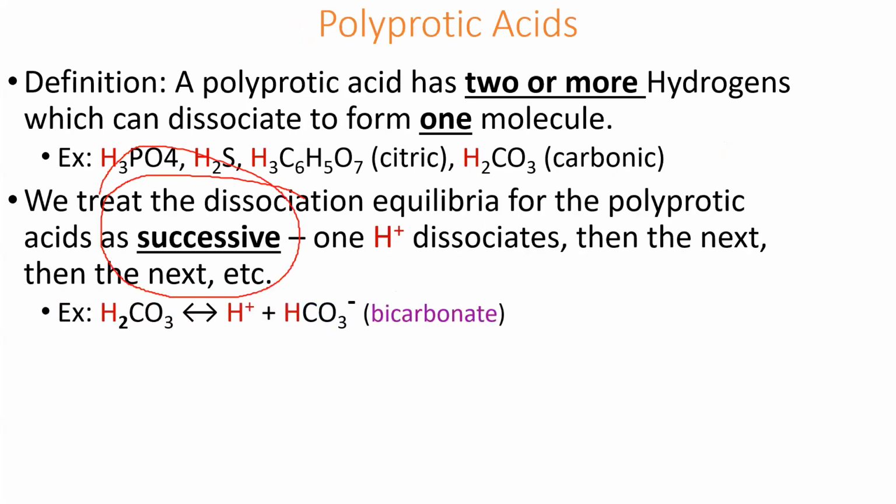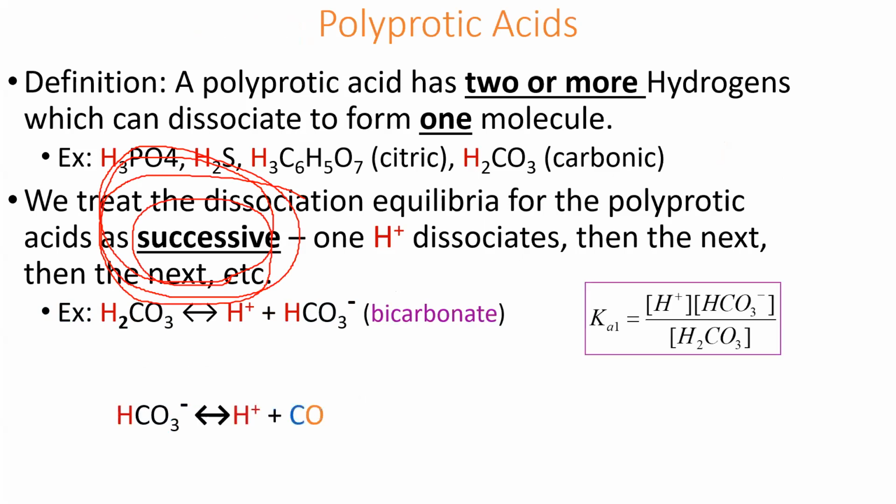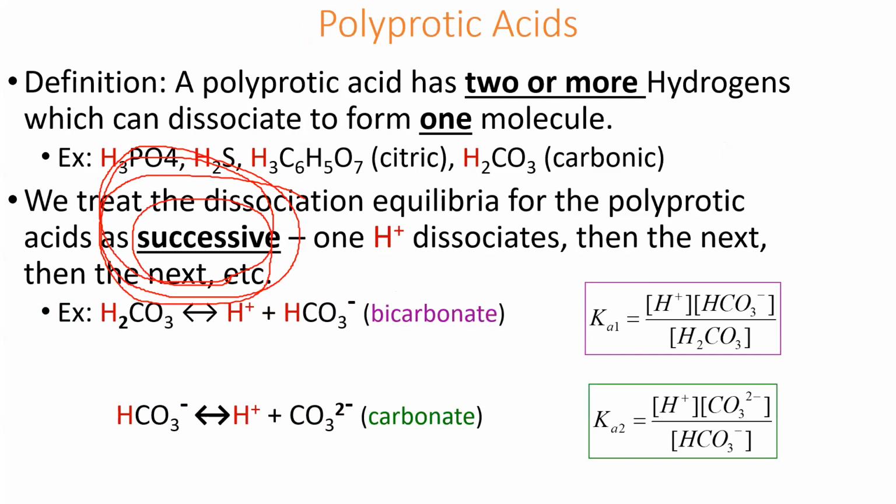The key part here is that you're going to treat these as successive. Even though you might have a bicarbonate that produces a monohydrogen carbonate, which can then further dissociate, if you were starting off with a bicarbonate form, you are not going to form much of the carbonate. You start off here, and most of it is going to stay as H2CO3.